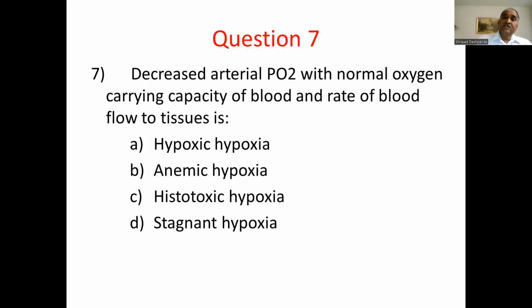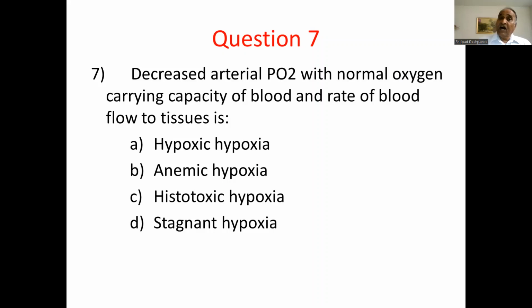You consider here that the oxygen carrying capacity of the blood is not altered. It remains the same. However, there is no oxygen in the atmosphere or in the surroundings to be transferred.